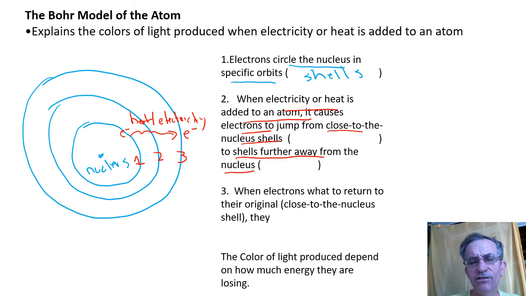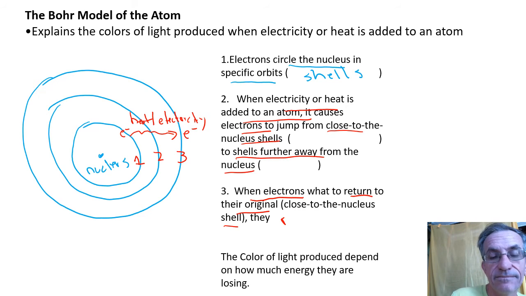Just like when you go on a trip, it's fun for a while, but eventually you want to go back home. Same thing for the electron. It would really rather be closer to the nucleus. So electrons will return to their original shell close to the nucleus, and the way they do that is they release, or emit, light.